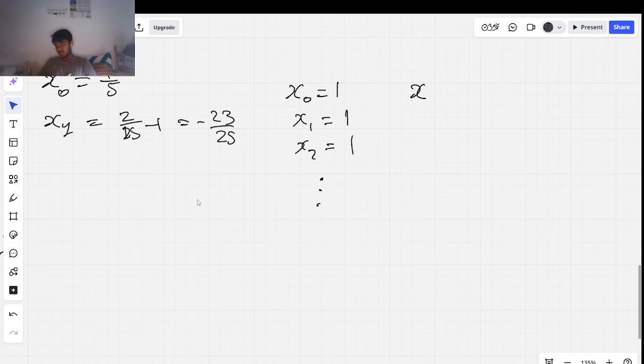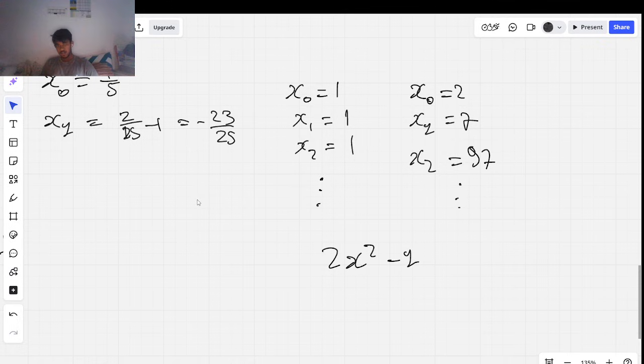Let me try this. This is going to be 4 plus 2, 8 minus 1, 7. So 2 times 49, 98 minus 1, 97. And this is very much increasing. Okay, so 2x squared minus 1, as I'm going to take the limit of this as it tends to infinity, is also going to be infinity.